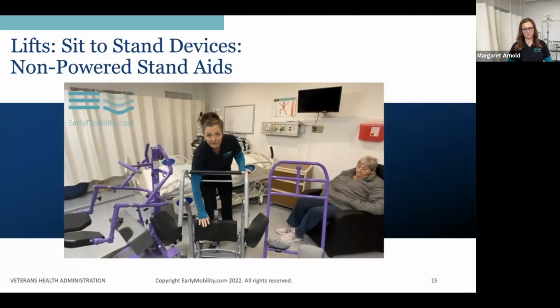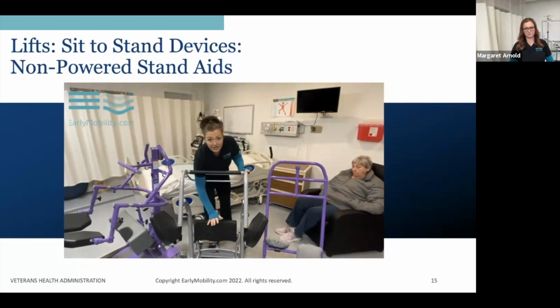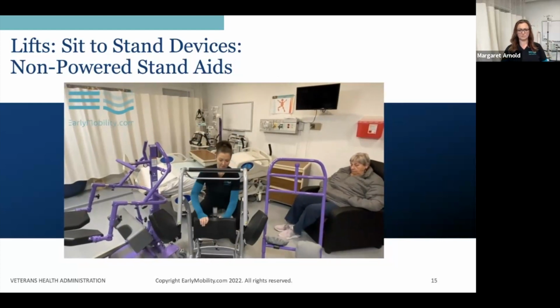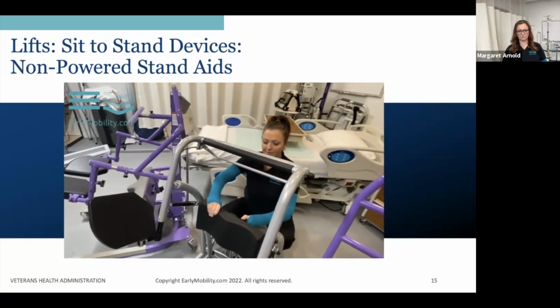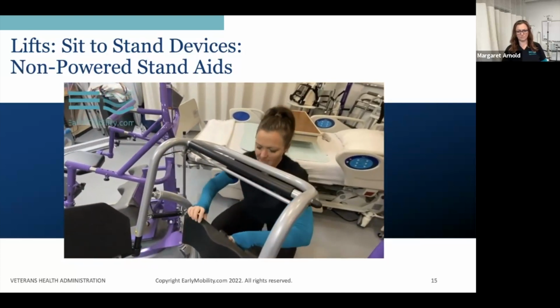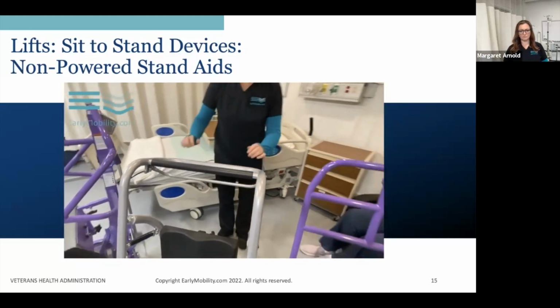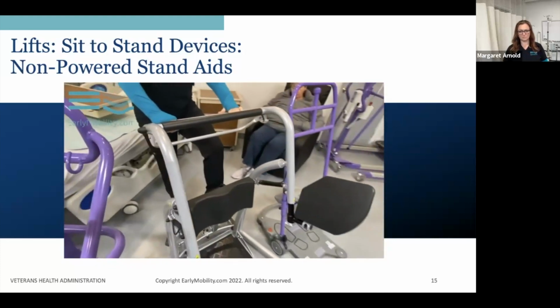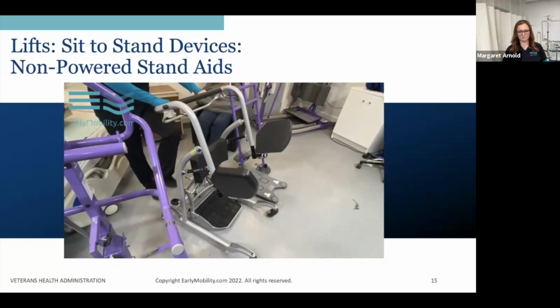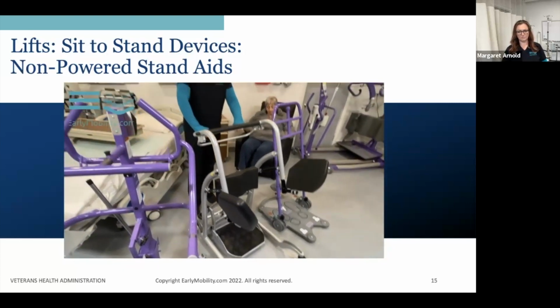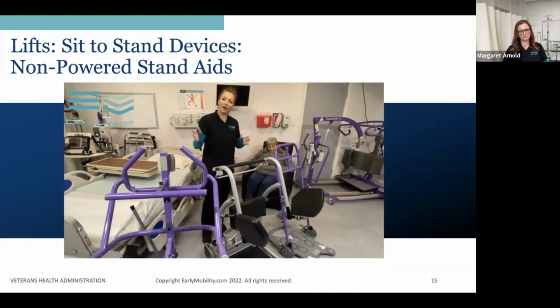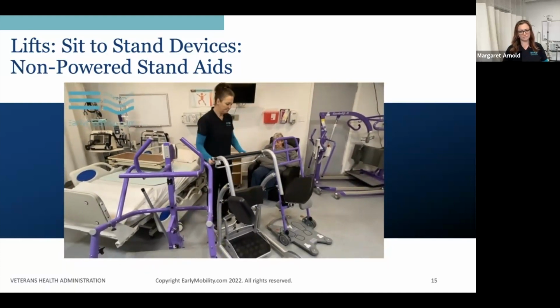When you're looking at features, you want to see if the knee plate comes up and down. So in this one, it does, to accommodate patients with different size of legs. The feet go in and out, similar to your powered stand aids, to get around chairs, to get around wheelchairs, or under beds that have a fifth wheel.